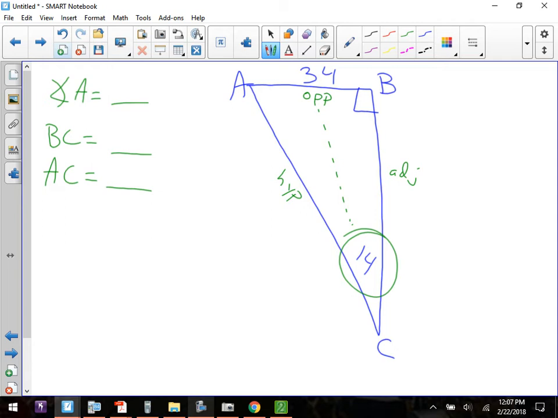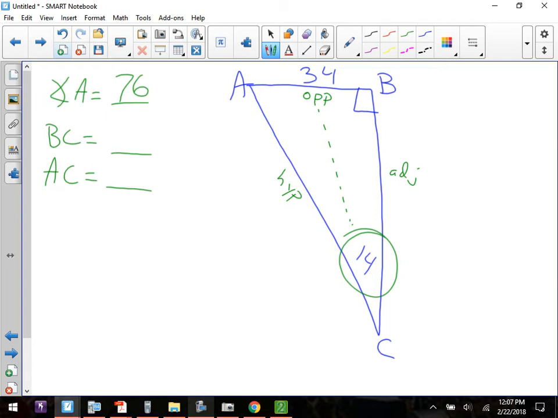Of those three, what's the easiest? The angle, good. So if I take 90, subtract 14, what am I left with? Excellent. And now I go through the progressions of what do I do next to find sides. So you start again with the angle. I have an angle, I have an opposite.